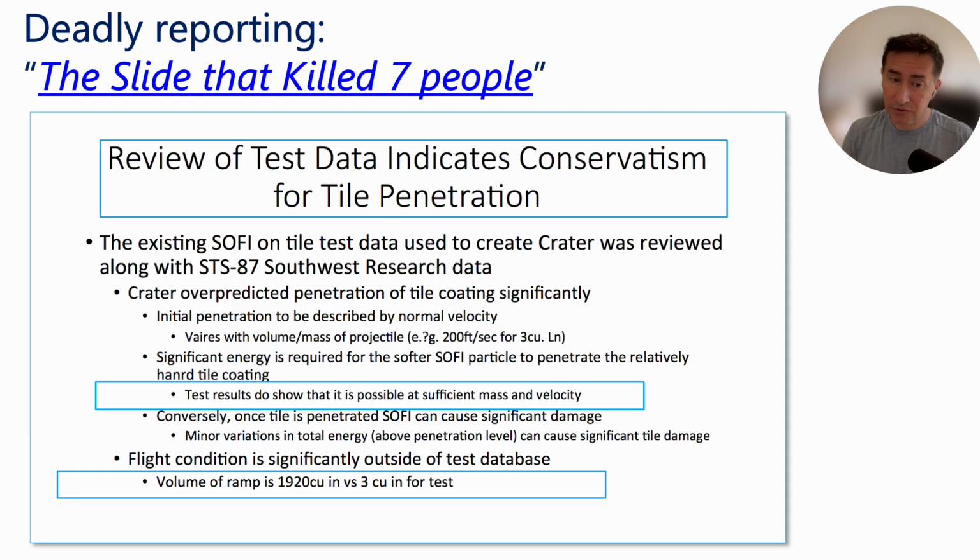And if you see the bottom line says, oh yeah, we ran an experiment, but the flight conditions are completely outside of our test parameters. So the volume of the ramp was 1920 versus 3 in our test. So it's completely different test condition.